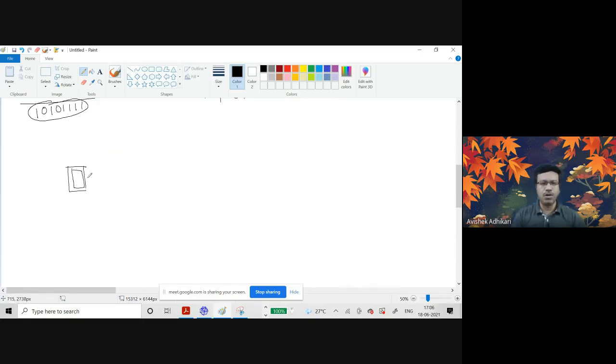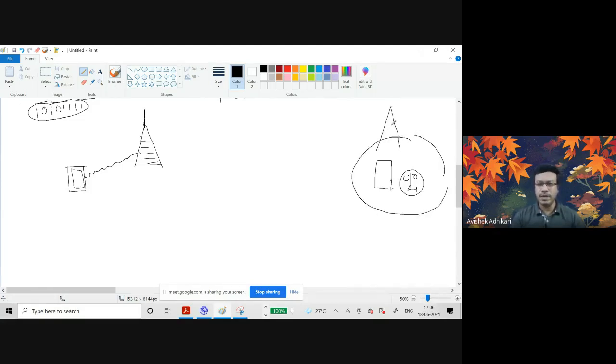When I make a call, it first tries to go to some antenna. You might have seen some mobile towers. It reaches the mobile tower, and then through the mobile tower, some base stations are there. Suppose you are calling somebody who is here with his or her mobile. This location may be within the range of some mobile tower.